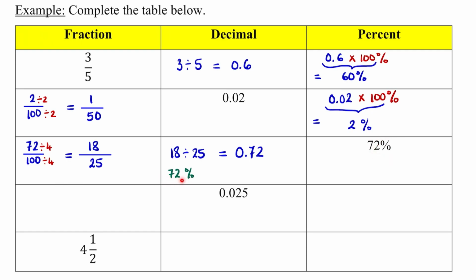First, I'll need to locate my decimal point. 72 is a whole number, so my decimal point is to the right of the last digit. To write a percent as a decimal, I will need to move the decimal point to the left 2 places and drop the percent notation. My decimal point is right here. So if I move it once, twice, I get 0.72.